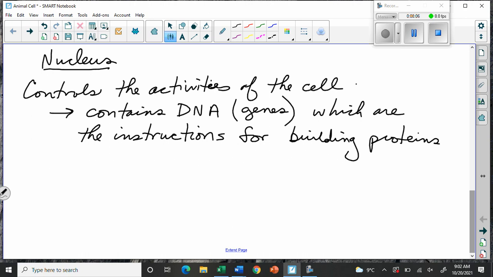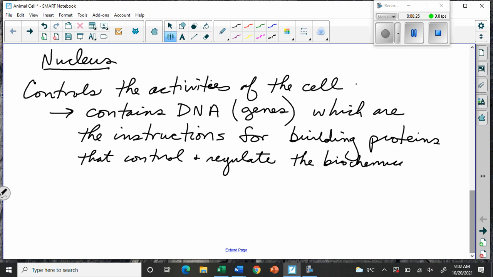All right, so what the proteins do, let's say building proteins that control and regulate the biochemical reactions that are happening inside the cell, and basically those are for all cell processes.